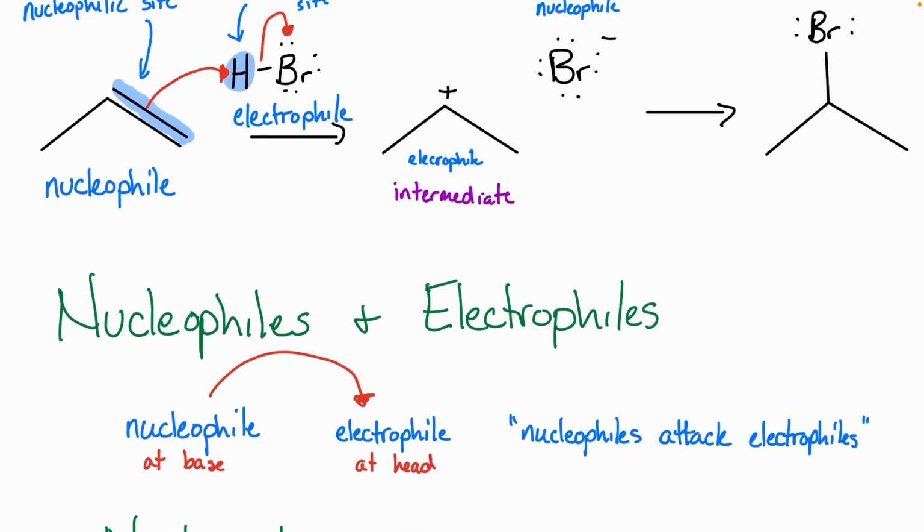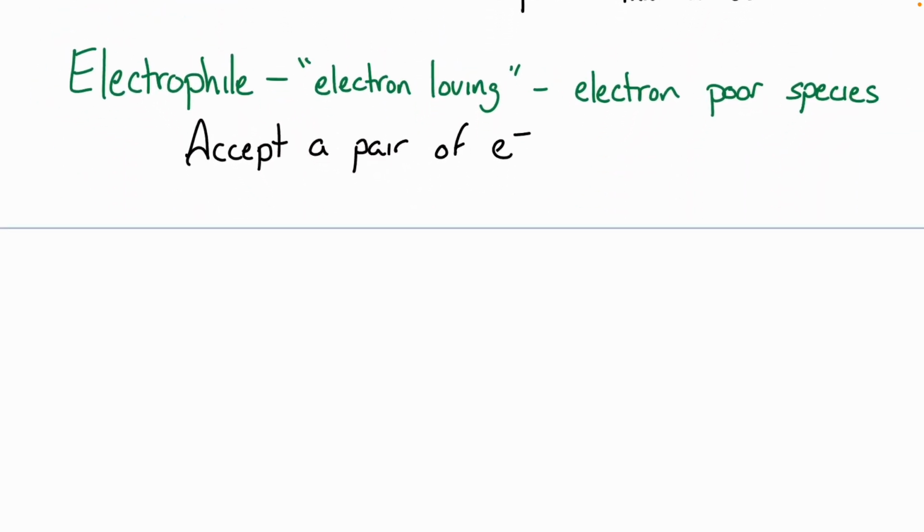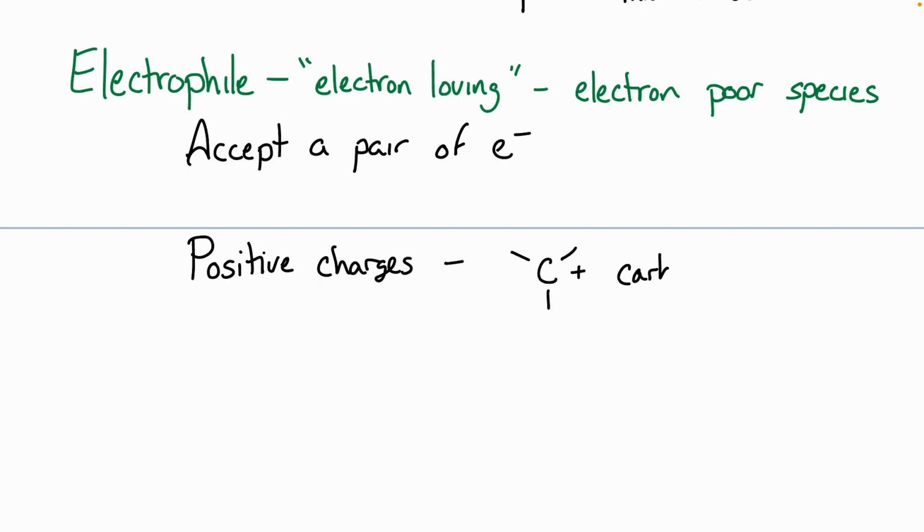And so as we saw, one good electrophile, a quintessential organic chemistry electrophile, is that carbocation, right? So a good feature of good electrophiles is that they have those positive charges, as is the case with our carbocation.